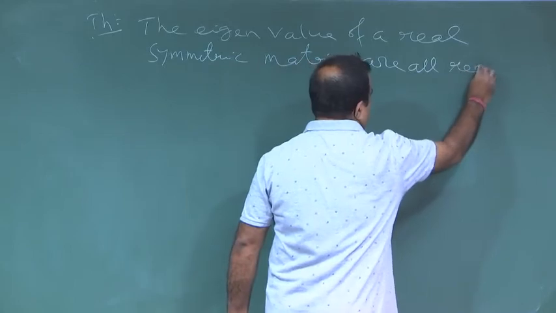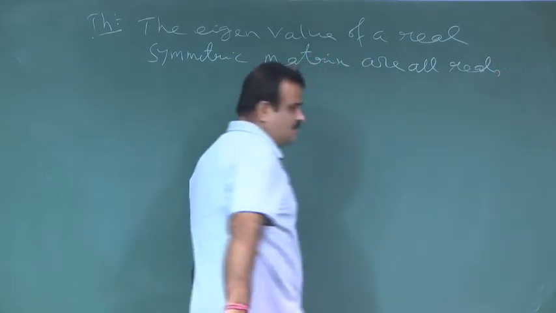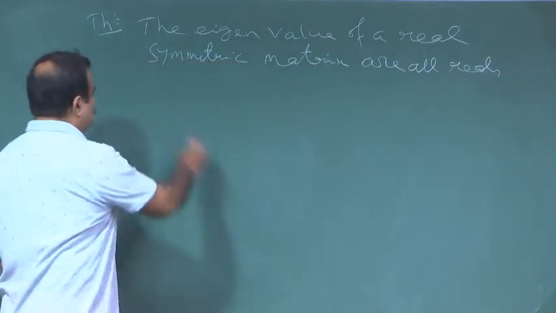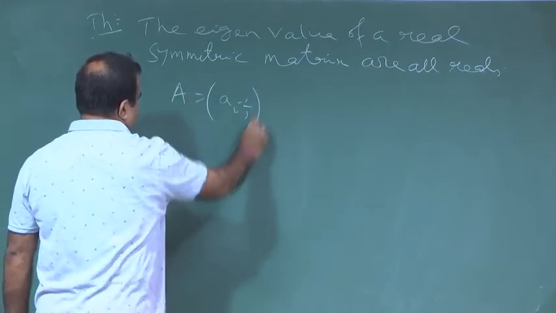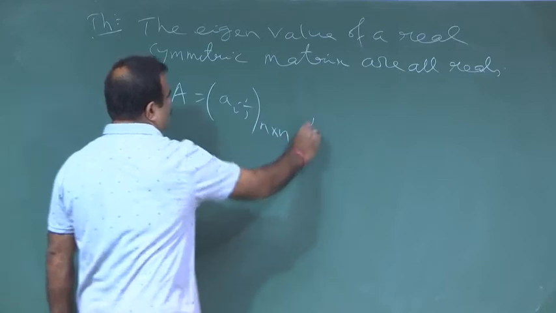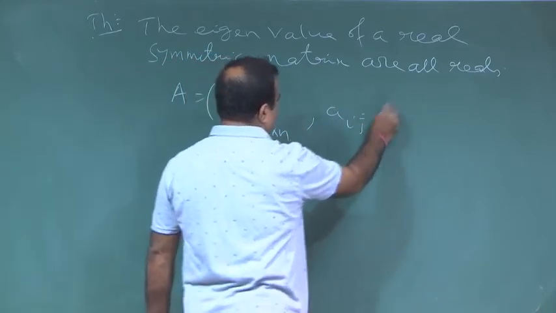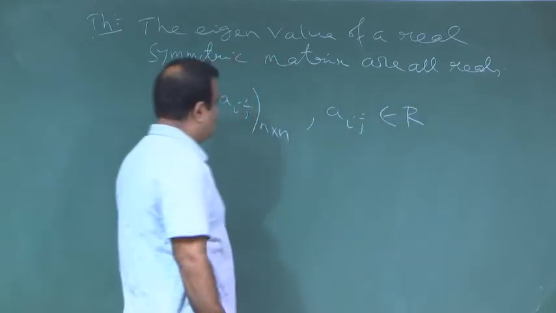So, eigenvalues of a real symmetric matrix are all real. Suppose you have a real symmetric matrix A_ij, an n cross n square matrix, where the A_ij's are real.